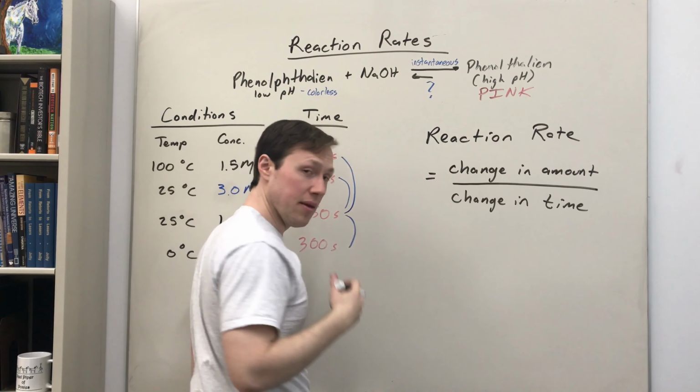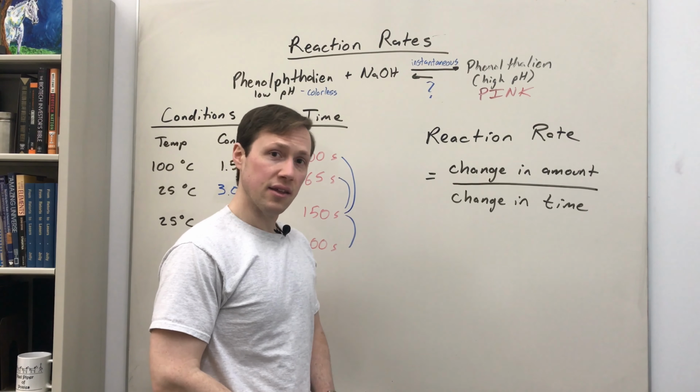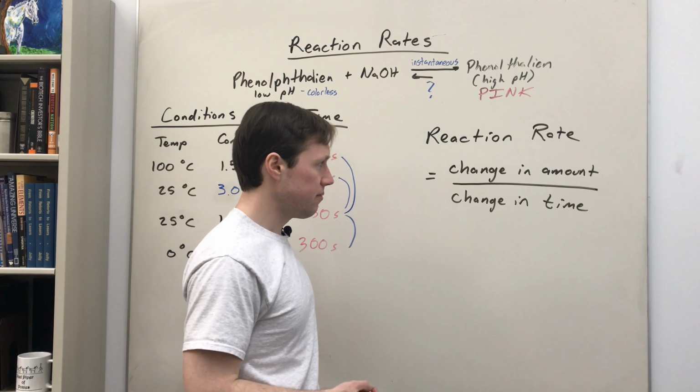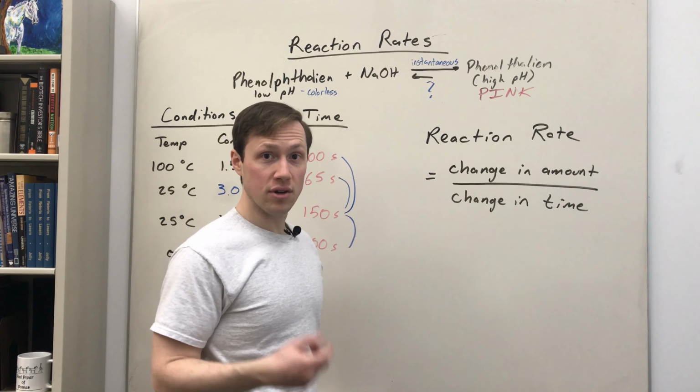That change in amount might be a difference in concentration or in pressure, really anything that we can measure shifting in our reaction. And the change in time would be how long that shift took to happen.